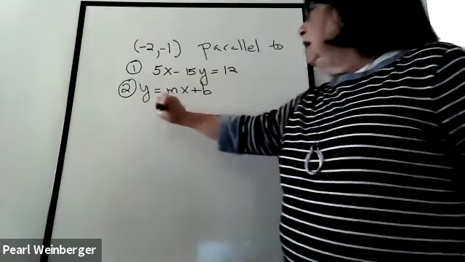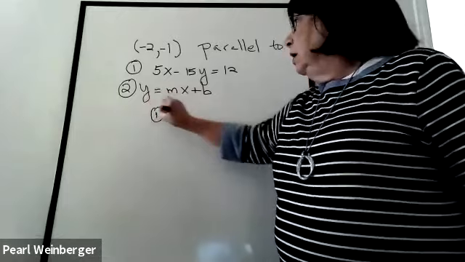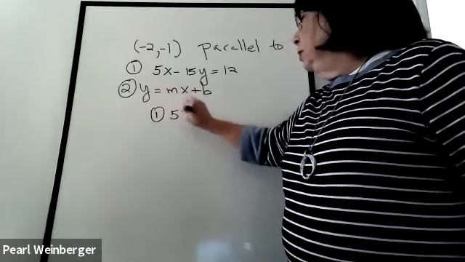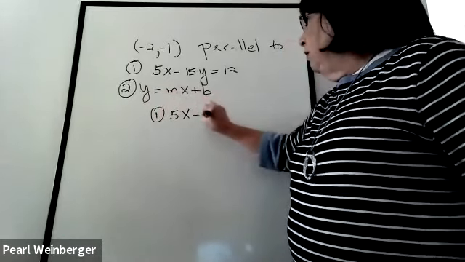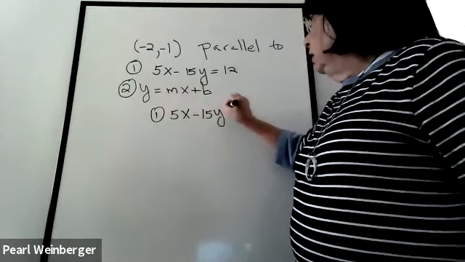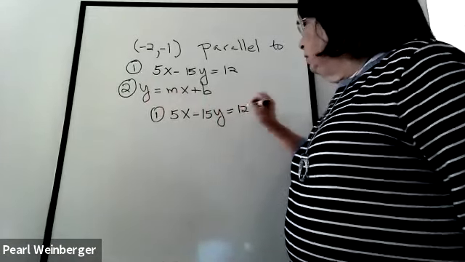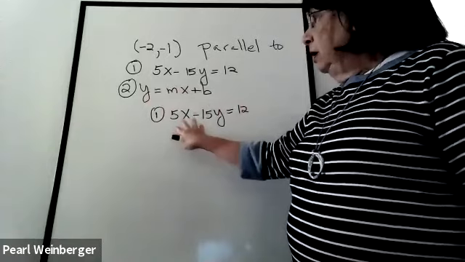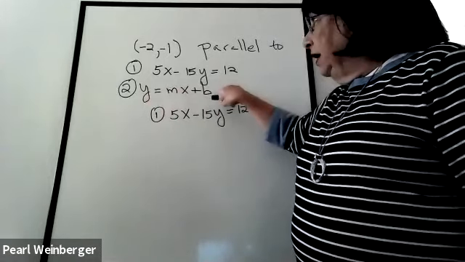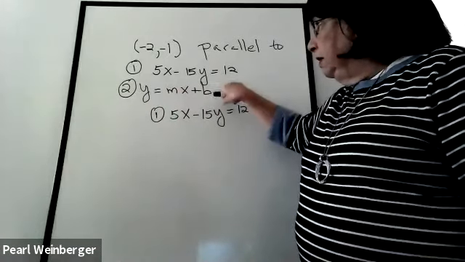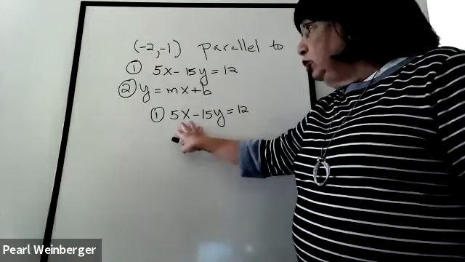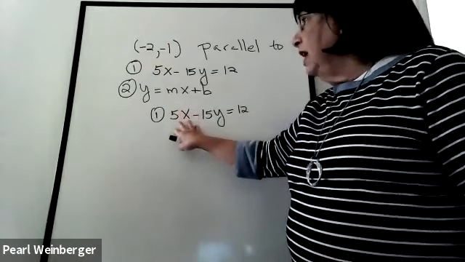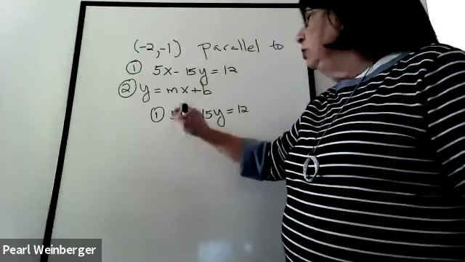So let's take this line 1 and find out its slope. Well, we knew how to find the slope of a line. We put it in the y equals mx plus b form. Notice it's a different y equals mx plus b than this one. It's the original line. We're going to solve for y in the original line.